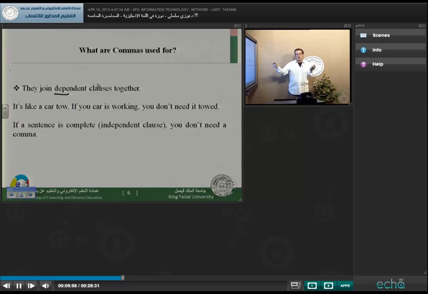It needs to be connected to another clause, hence you use the comma, right? If a sentence is complete, if a clause is independent, it's complete, you do not need a comma. That's the basic rule.